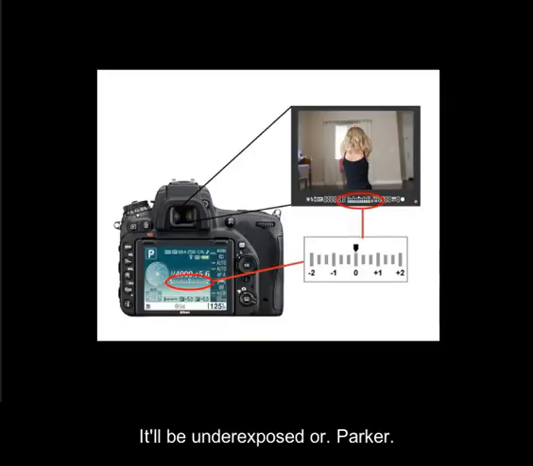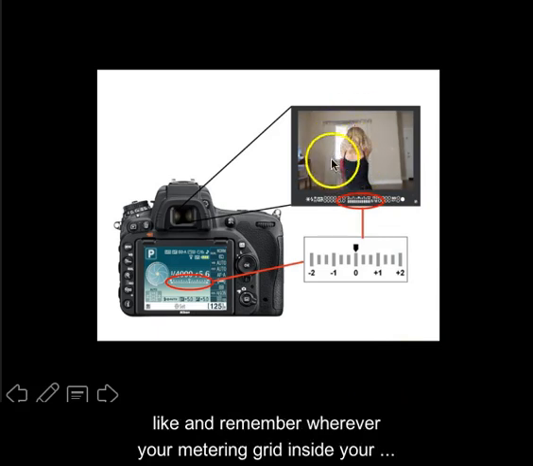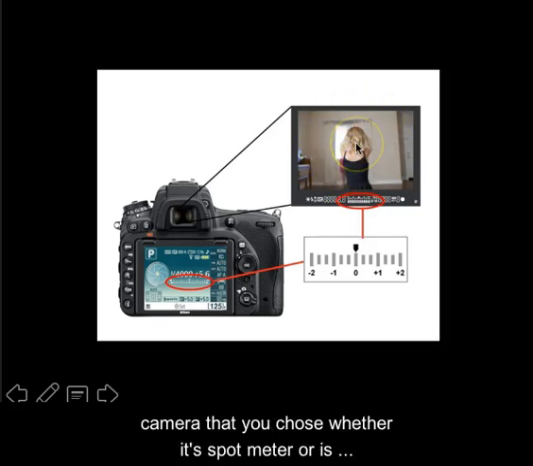Here's another example of what your light meter will look like. And remember, wherever your metering grid inside your camera that you chose, whether it's spot meter or metering around the image, that's where your camera will meter it correctly.